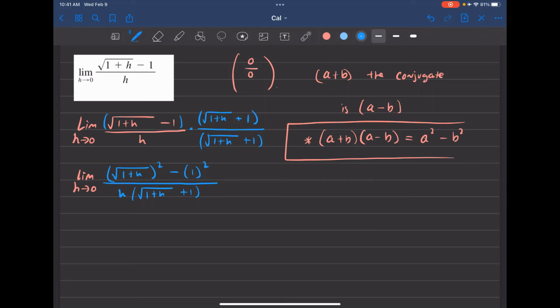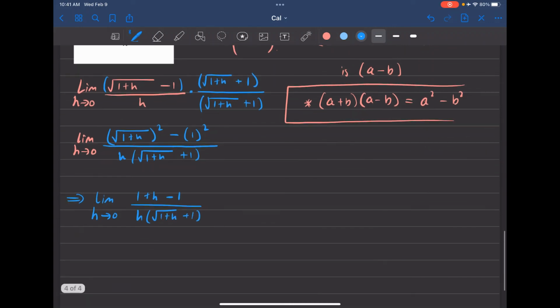And then by further simplification, we have the limit as h approaches 0 of 1 plus h, because the square root will cancel with the square, and then minus 1, all over h times the square root of 1 plus h plus 1. And this will simplify to the limit as h approaches 0.